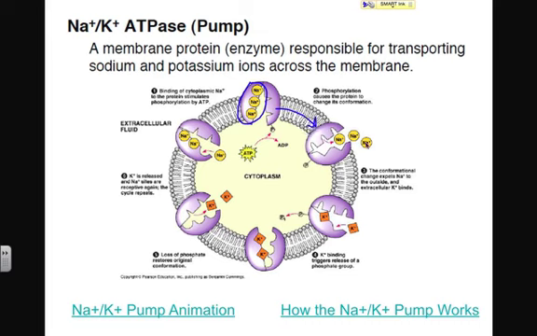And the release of sodium ions will occur. As soon as sodium ions are released, potassium ions can bind to that protein. The phosphate group is removed. The shape of the protein returns to its original conformation. Compare this shape to this shape. The potassium ions leave the protein, then they enter the cytosol. And then at that point, that process can repeat. And that's how the active transport of sodium and potassium ions occurs by the activity of the sodium-potassium pump.